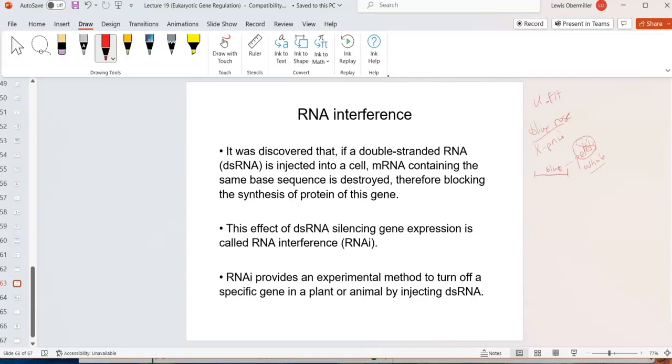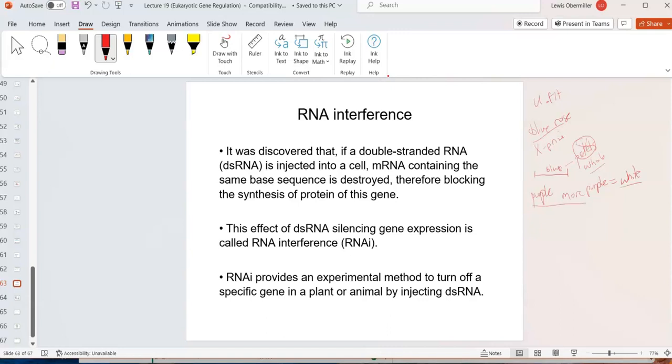To show proof of concept, he added purple genes to make petunias more purple. And what happened is when he added this purple gene to make it more purple, instead they came out white, which is kind of the opposite of purple.